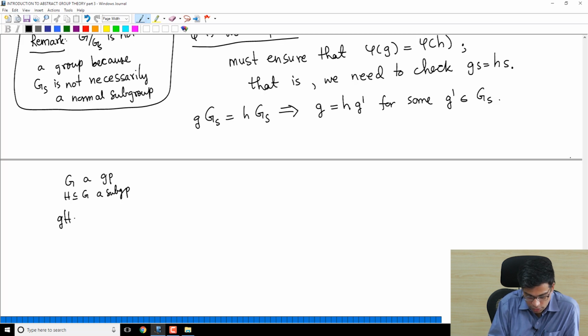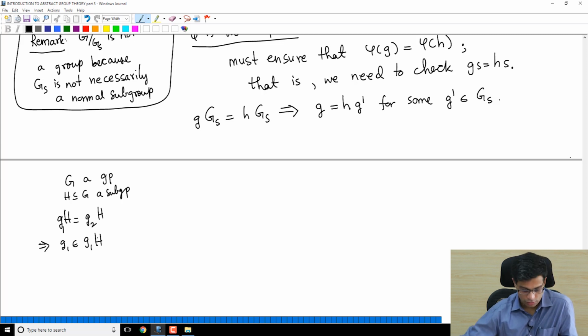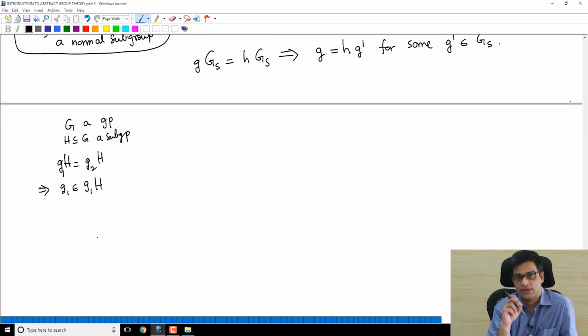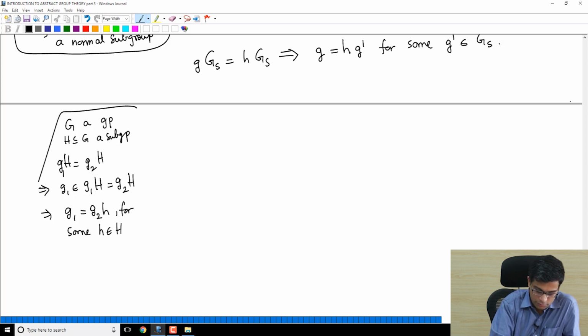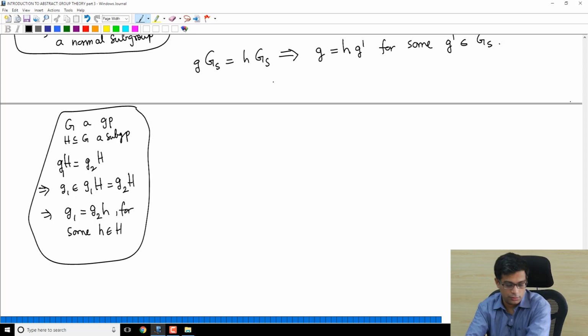If you have g1 H equals g2 H, then remember g1 belongs to g1 H, because g1 H is the set of g1 times every element of capital H. In particular, g1 times identity will be one of the elements of g1 H. So g1 is in that, which I am assuming is equal to g2 H. So g1 belongs to g2 H. So g1 equals g2 times h for some h in capital H.